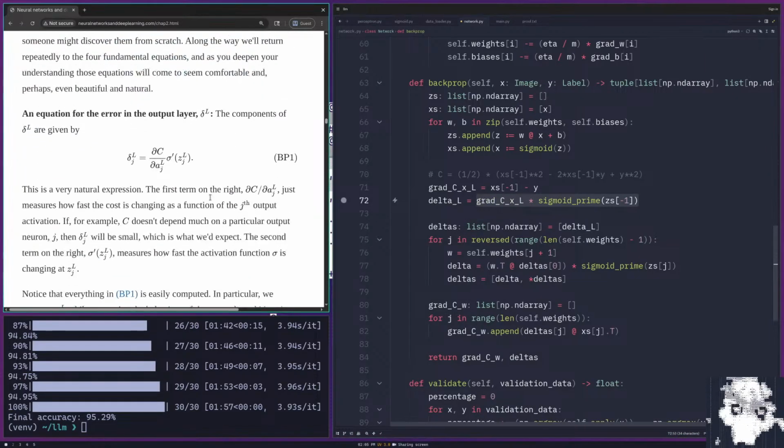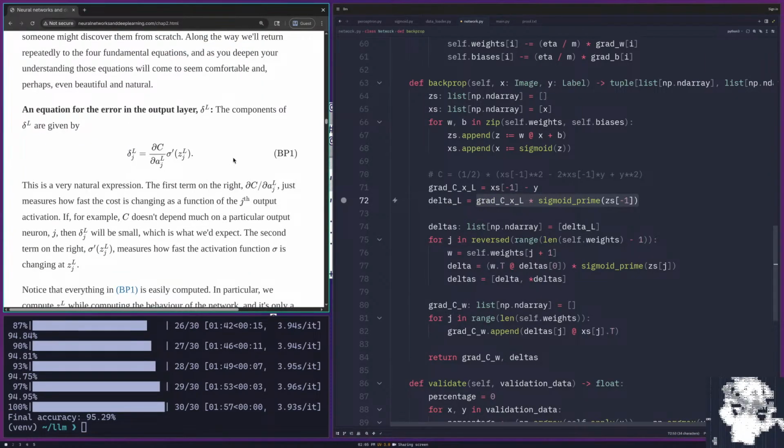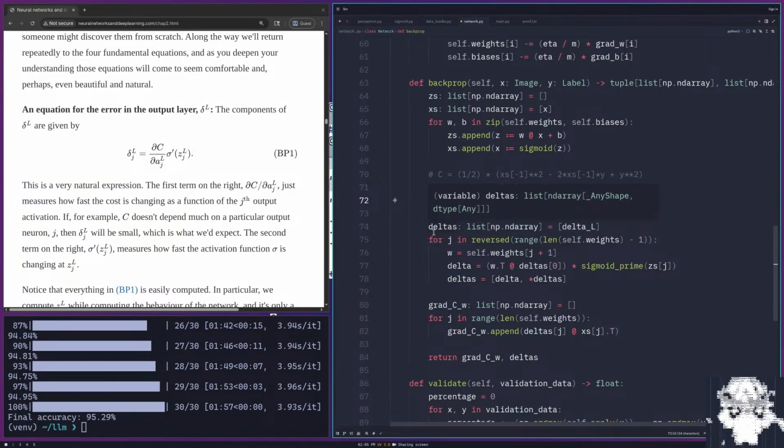And that's also BP1. So I understand BP1. It makes sense because you're just looking at the final output layer. How the cost function changes as a function of the final layer is very straightforward.